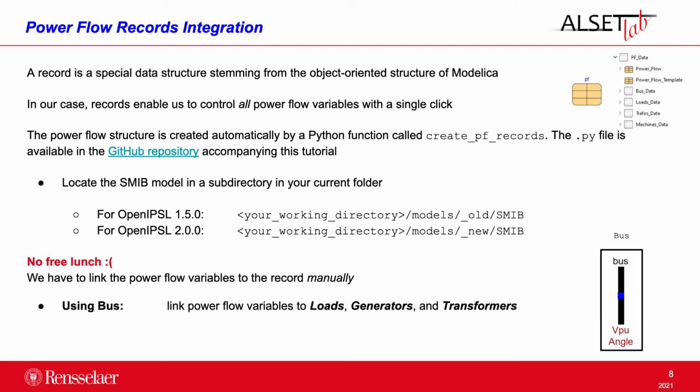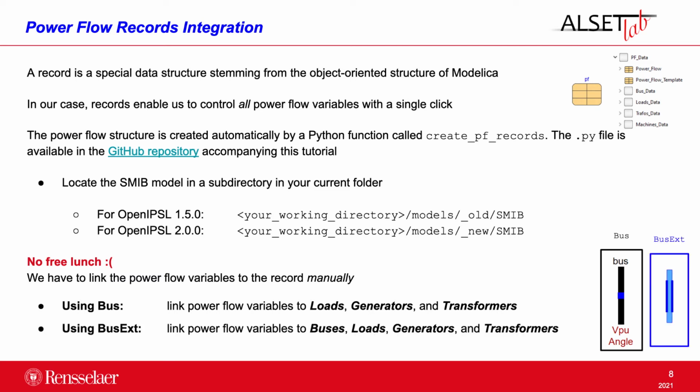Some closing remarks regarding the type of bus that you use in your model. In the SMIB, we have used this black bus model, so we don't necessarily have to pass the PowerFlow information to these buses. We have only to fill the PowerFlow data blanks in loads, generators, and transformers.